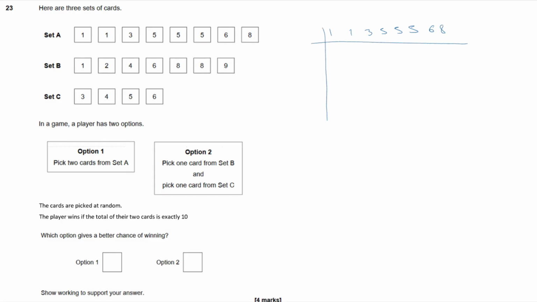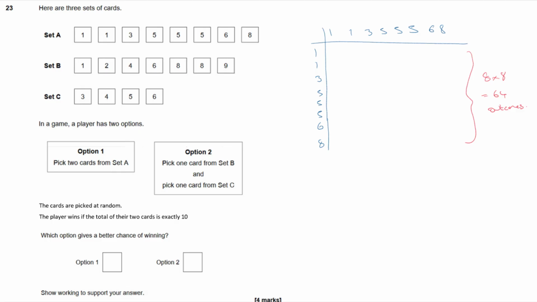And down the other way, I'm going to have 1, 1, 3, 5, 5, 5, 6, 8 in that direction. So altogether, that would give me 1, 2, 3, 4, 5, 6, 7, 8 outcomes. 8 times 8, which is 64 outcomes altogether, isn't there? Okay, so that gives me 64 outcomes.